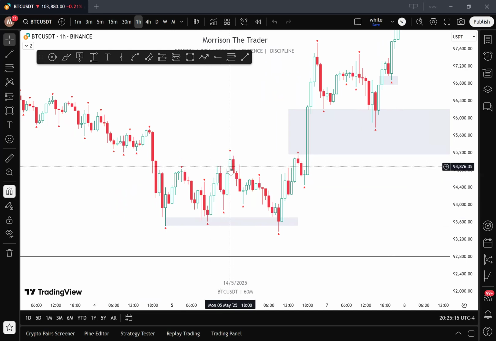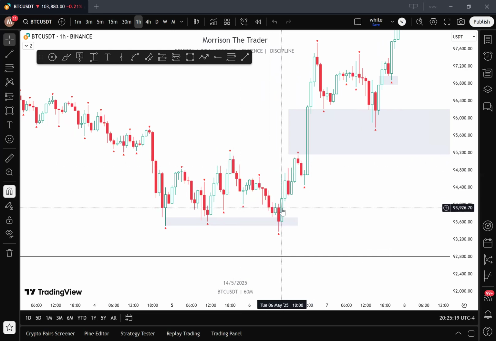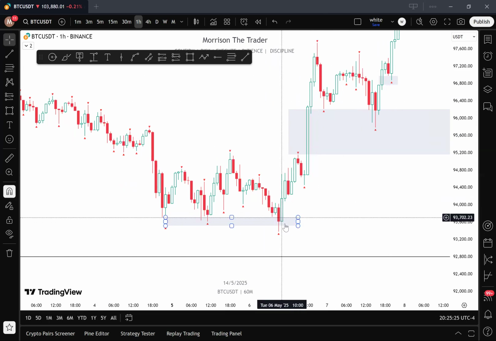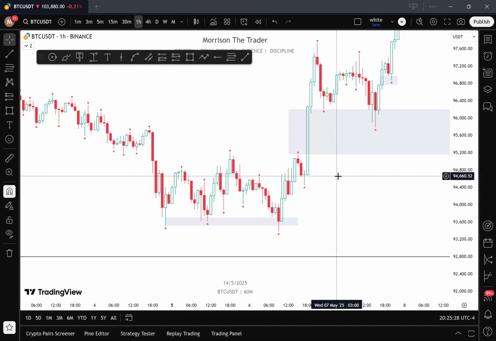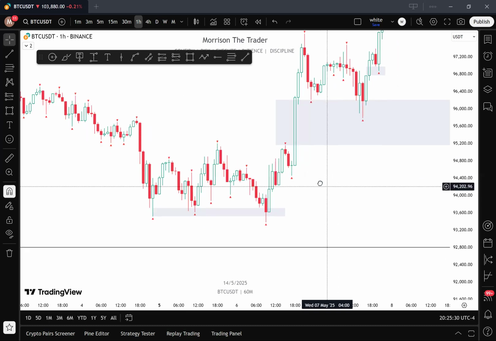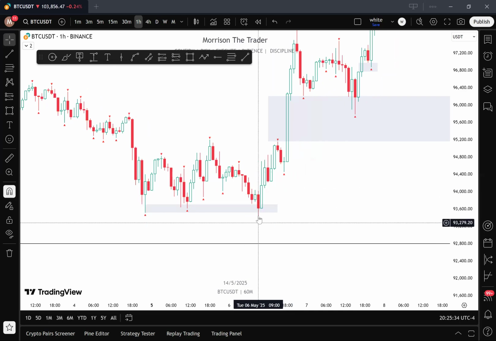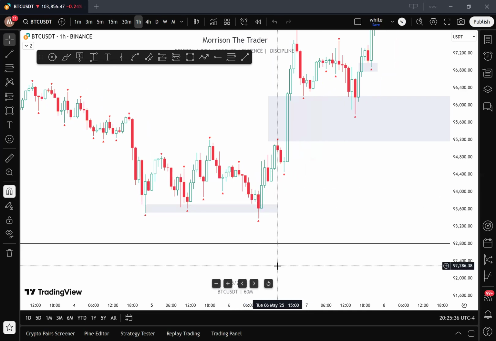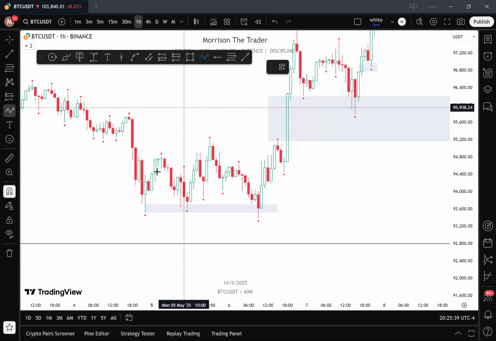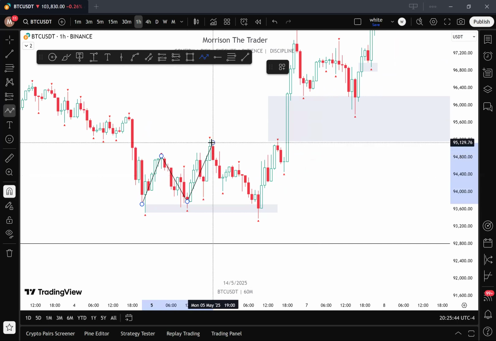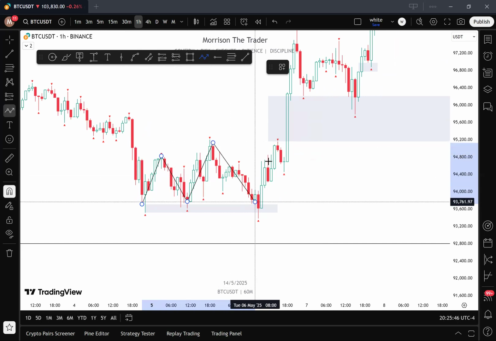So the whole idea about this is that when price comes to that level again, what will it do? It will move price higher. And then there's another idea that when price comes to this level, it will break through this level and continue lower. So the first idea is that when price comes to this level, it will move higher.